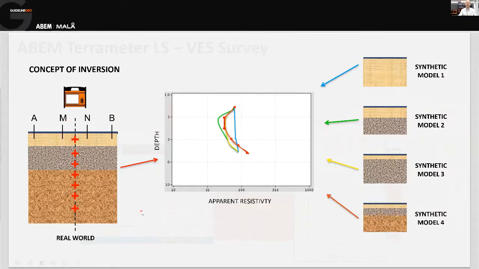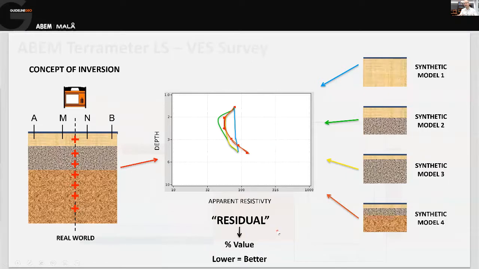And when it's done that, it presents us with a synthetic model, in this instance number 4, and also a residual. The residual tells us how closely the curve from the model fits the curve from the real world. And so theoretically, the lower the percentage or numeric value that we get back, the closer the two curves are to each other.